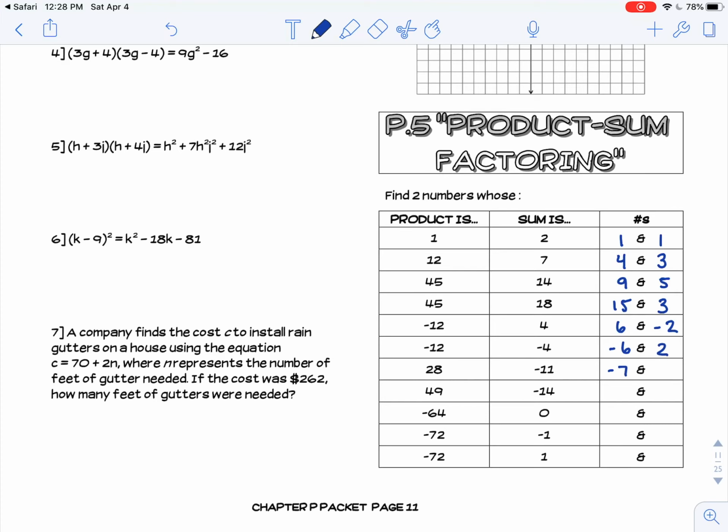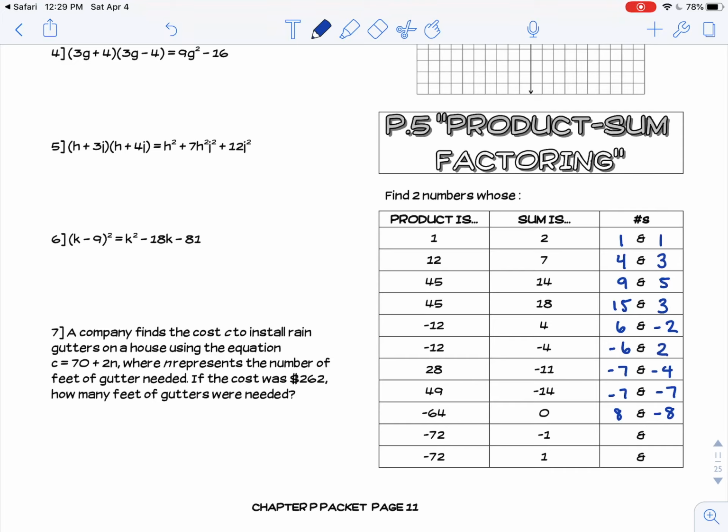Product of 28, sum of negative 11, negative 7 and negative 4. Product of 49, sum of negative 14, negative 7, negative 7. Product of negative 64, sum of 0, 8 and negative 8.